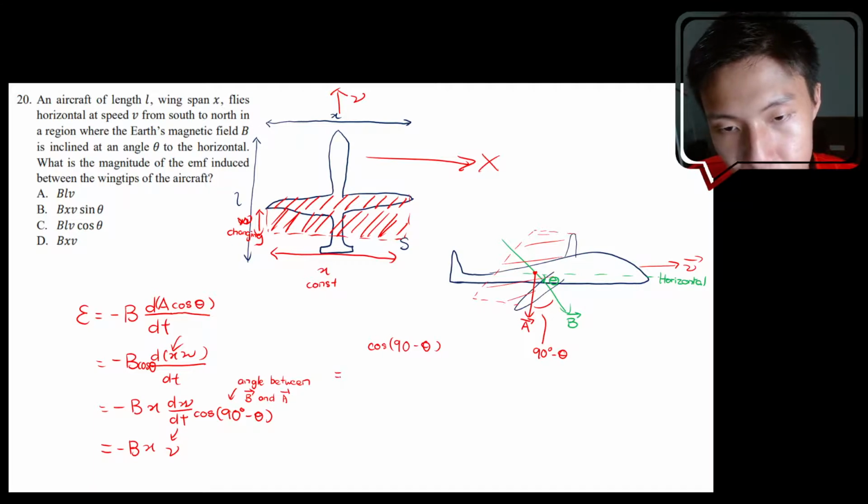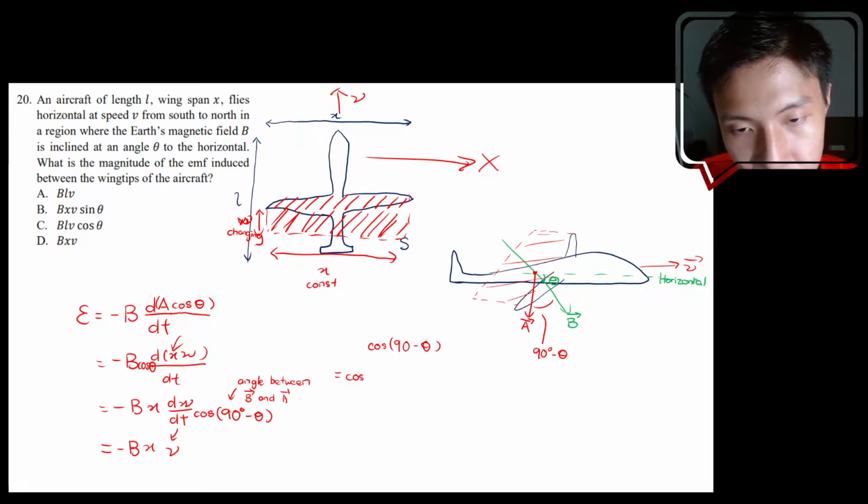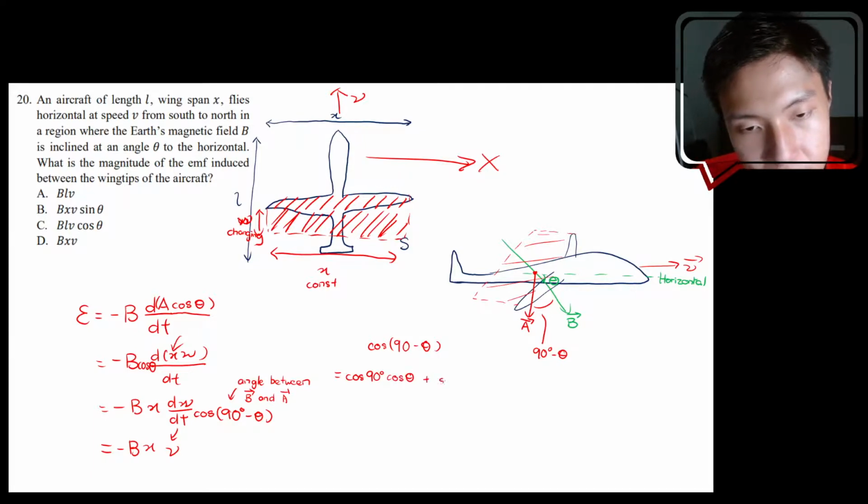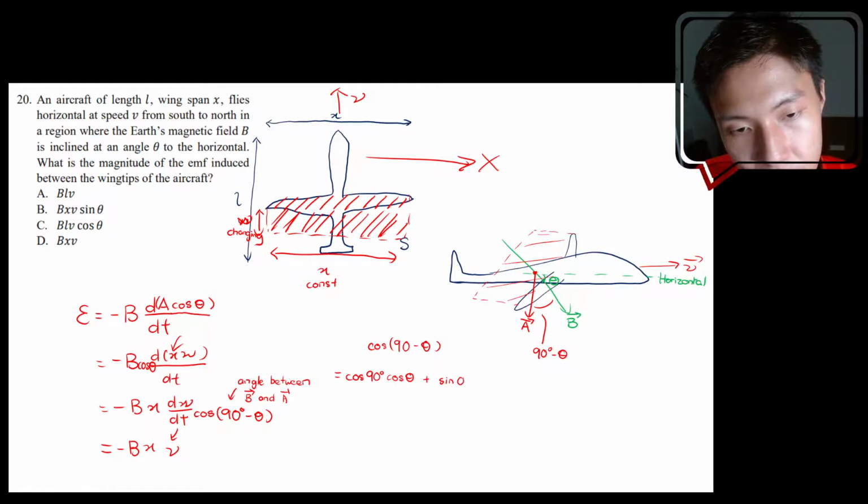Not sure why I want to do this, but you can do cos 90 cos theta plus sin 90 sin theta.